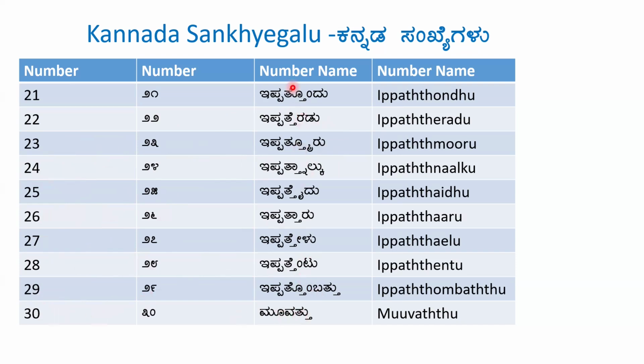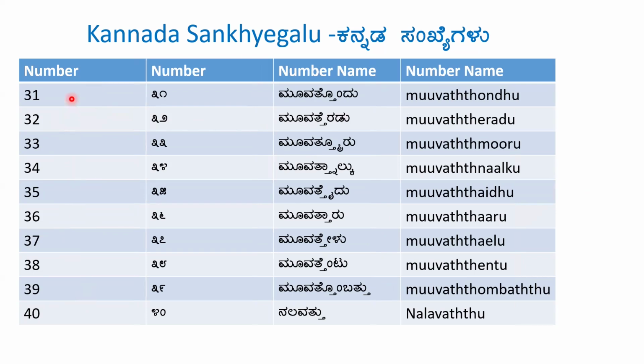Now, if you consider any number between 21 and 29, take an example 22. 22 is 20 plus 2. The a matra will go to 2 and it will become te. So, you can apply the logic which I told you for any number between 21 to 29.